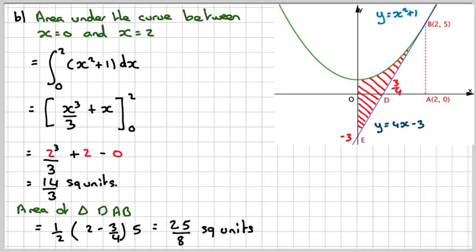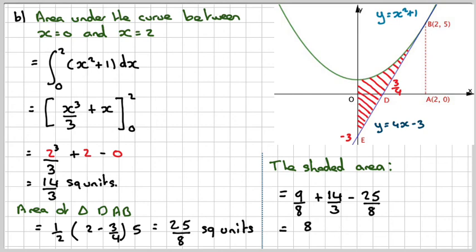So the shaded area that I want is going to be 9/8, which is the triangle here, plus all of this area here, which is 14/3, and then take away 25/8, which is the area of the triangle, and when we work that out, we get 8/3 square units.